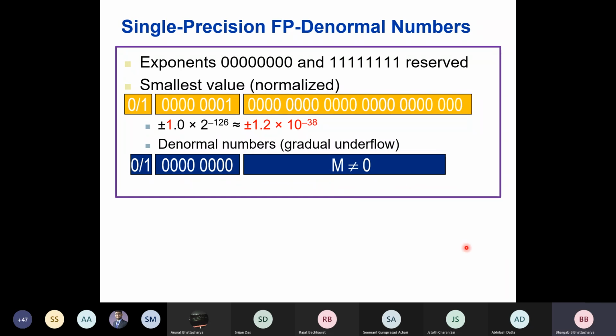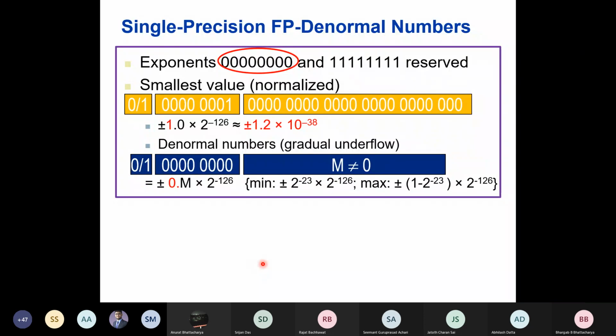So what we do is use this special exponent value of all 0, but with a non-zero mantissa here, because if it is all 0, then it represents the number 0. But these 23 mantissa bits can be used for representing other numbers, keeping the exponent bits all 0. So if I have a non-zero mantissa here, then the number would be represented as this.